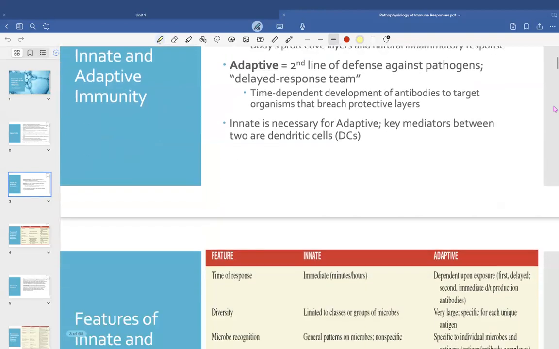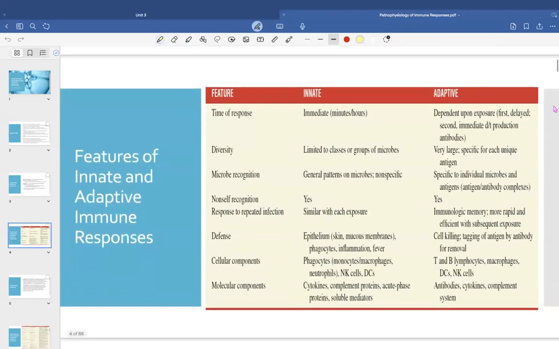Okay, so let's take a look at some of the features. The features are on the far left of the columns. Your innate is in the middle, and your adaptive is to the far right. So left, middle, and right.